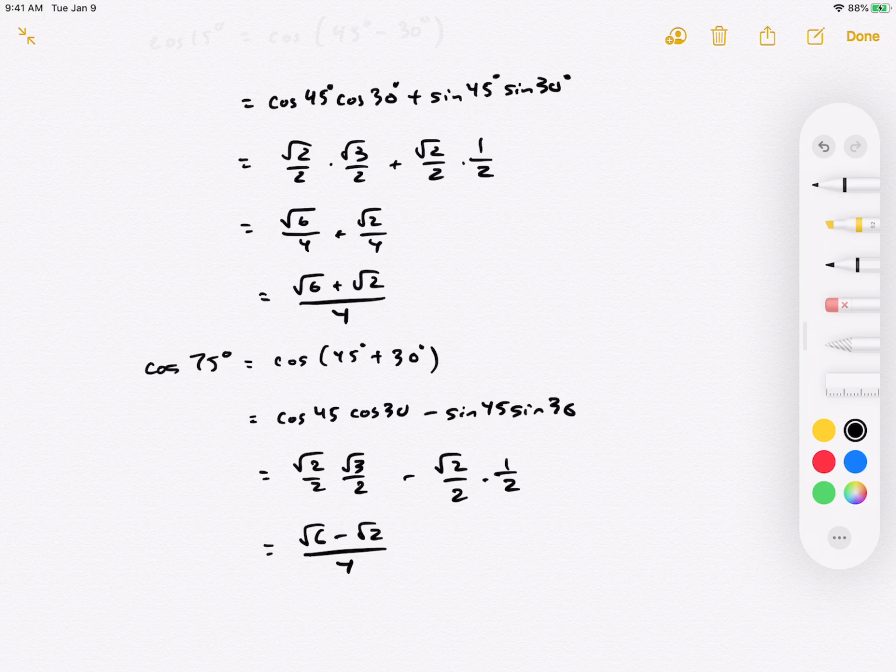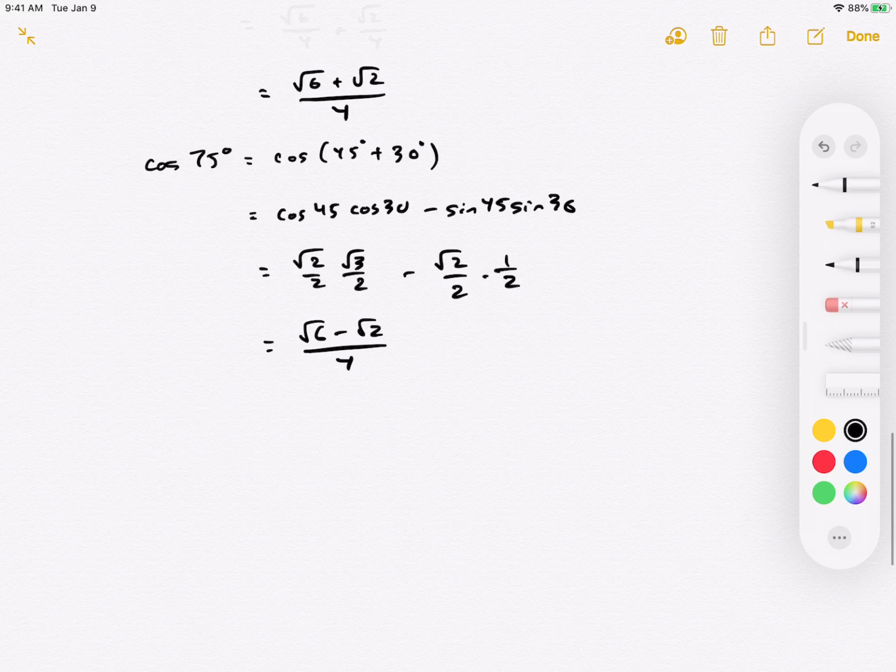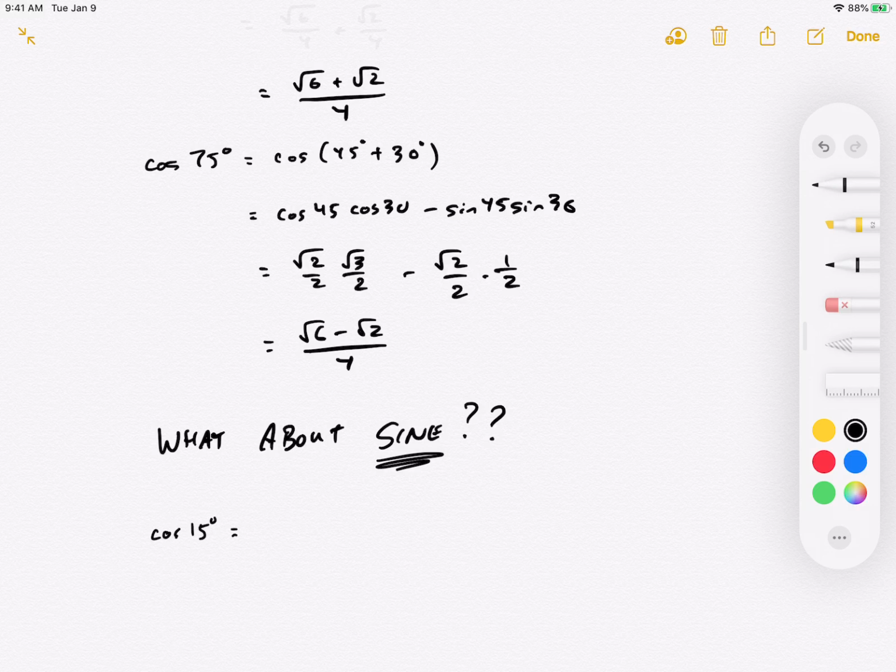And this is a good place to pause and to think about what's coming next. What's coming next is, what about sine? Well, just to give you a little hint before you watch the next video, we actually know a lot about how to do sine because we know, for example, that cosine of 15 degrees is equal to sine of 75 degrees because of our co-function identities.